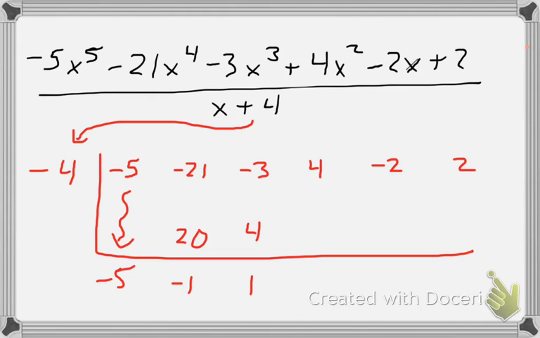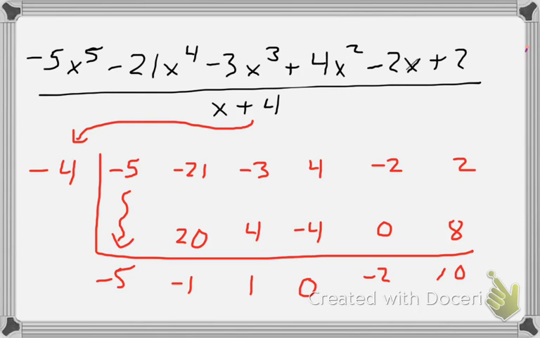Adding straight down. Negative 4 times 1 is negative 4. Add. Negative 4 times 0 is 0. Add. And negative 4 times negative 2 is 8. Add. The last number is going to be the remainder.